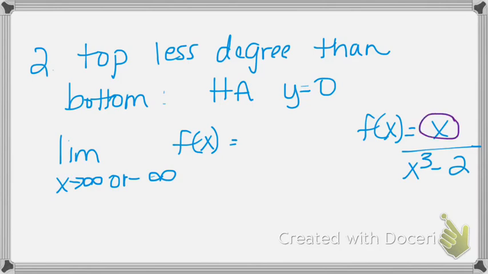Notice the top is a lesser degree than the bottom because the top has a power of 1 and the bottom has a power of 3. And so that means that the horizontal asymptote is y equals 0, which means the limit is also 0. Because when I'm thinking about horizontal asymptote, I'm thinking about y values, and I'm thinking about what happens on the ends, which is the limit as you approach infinity or negative infinity.